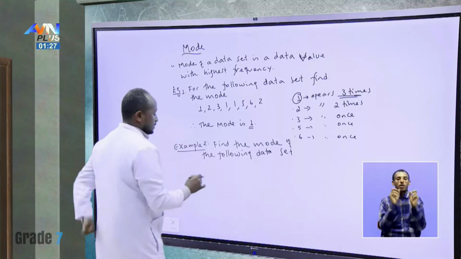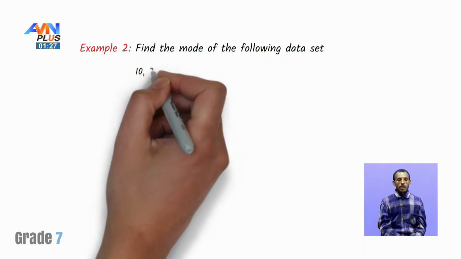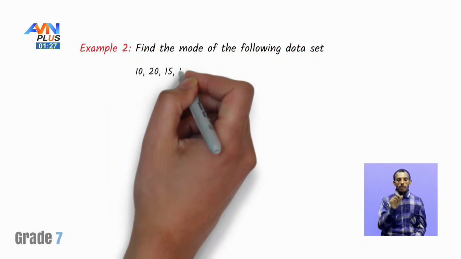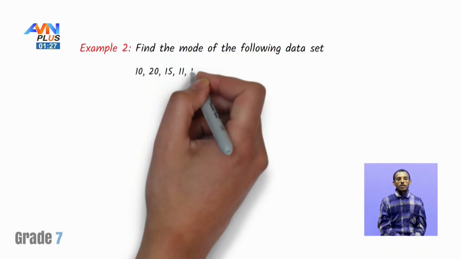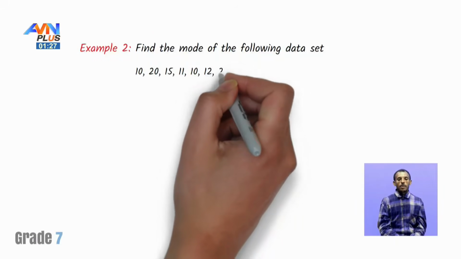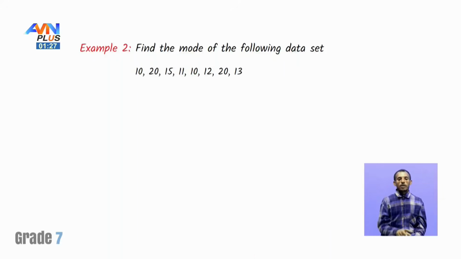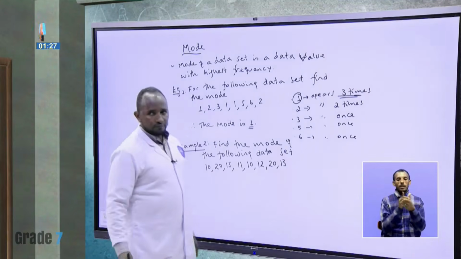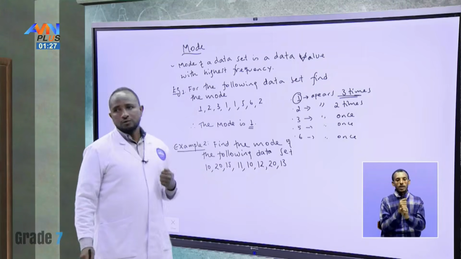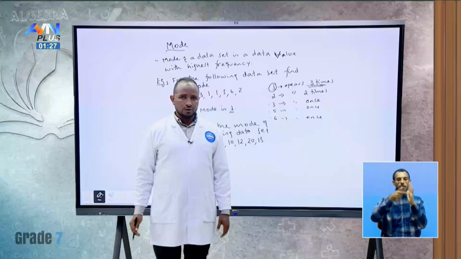Here you have 10, 20, 15, 11, 10, 12, 20, 13. This data set is given. Please try to find the mode of this data set. I'll give you 30 seconds for this question.